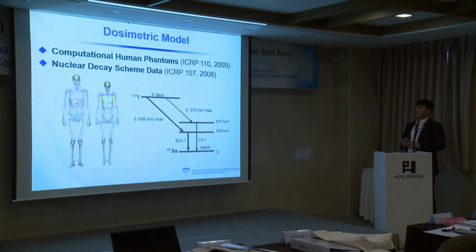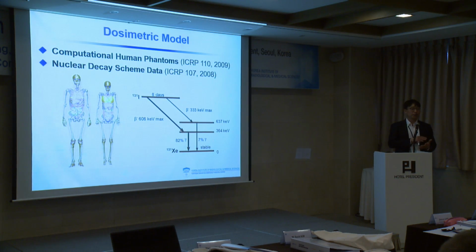And this is the dosimetric model to calculate the S value in the previous slide. To calculate the S value, we have to use computational human phantoms and nuclear decay data.